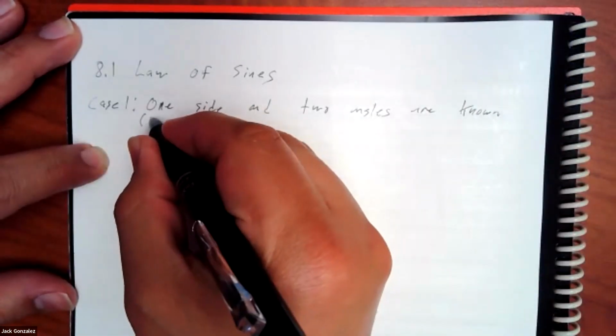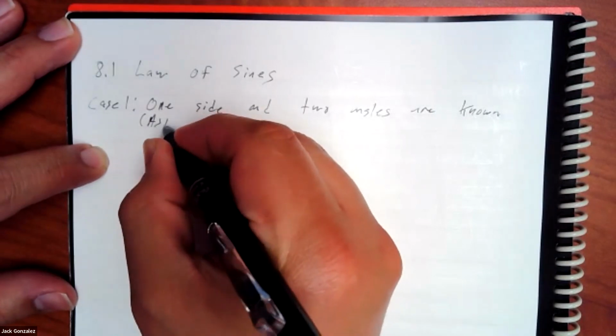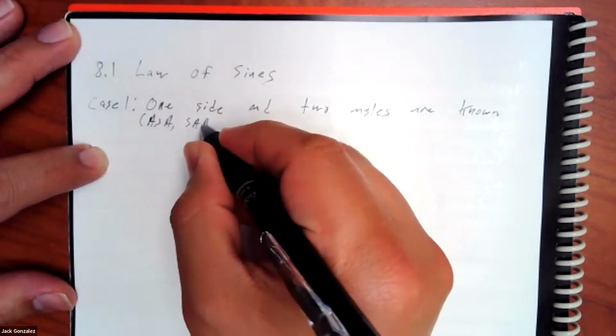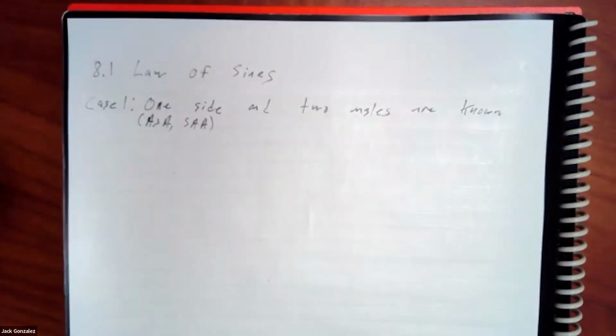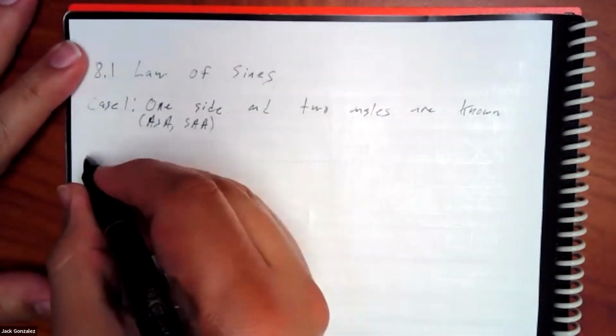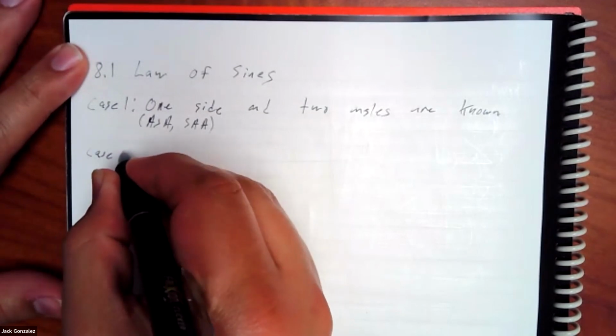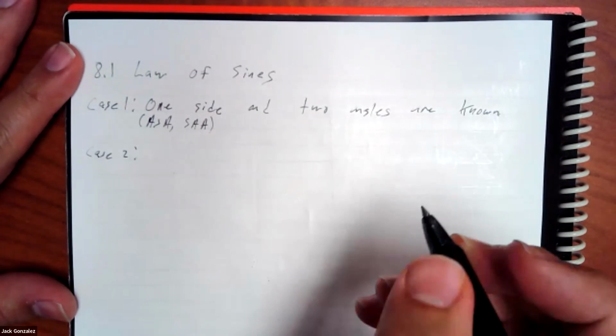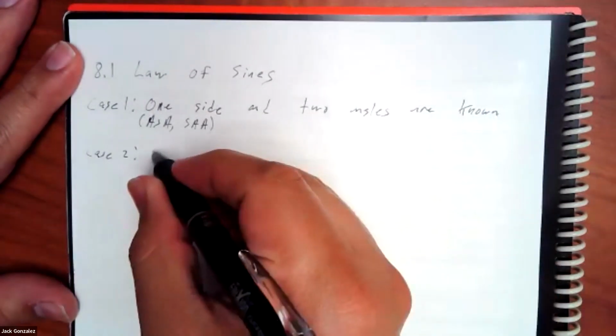The book calls that ASA or SAA. Make sure I don't spell the wrong word there. Case 2, you have 2 sides and an angle opposite to one of those sides.